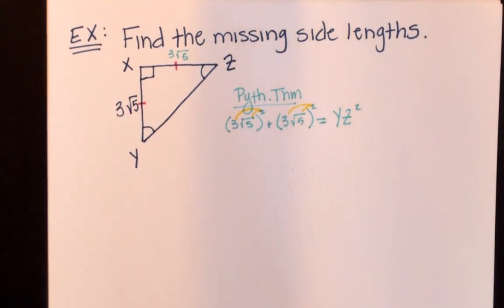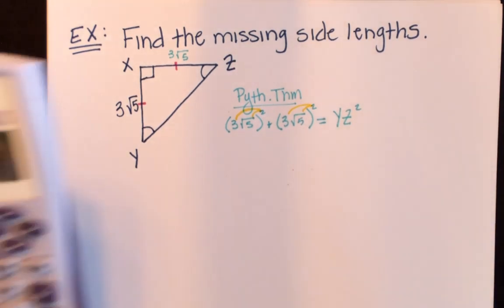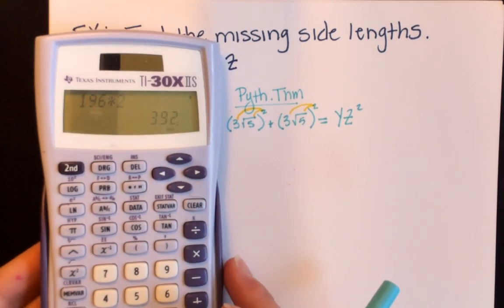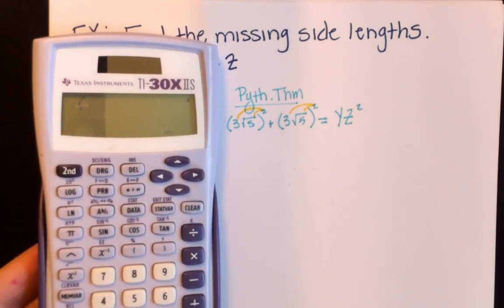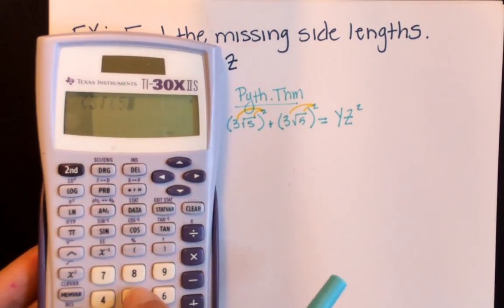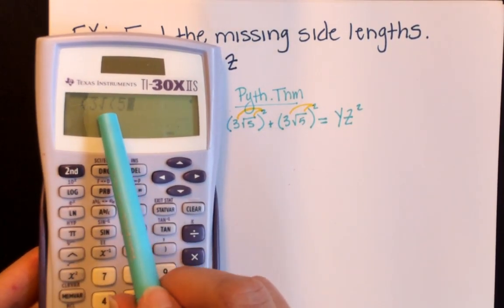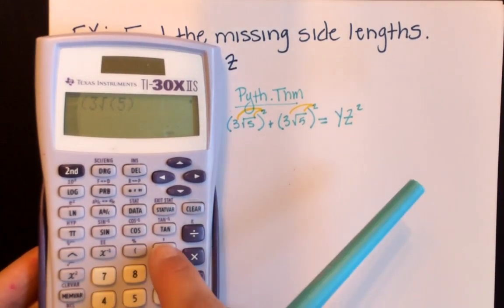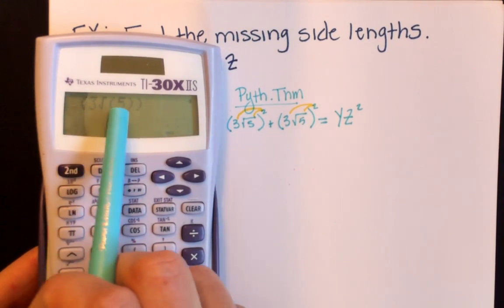Now, if you forgot that part from algebra 1, don't be afraid to do it in your calculator. Just make sure you do parentheses. So 3 radical 5. Now notice it opened a parenthesis there, so I have to close the one that's around the 5, and then I have to close it again so that it involves that first one.